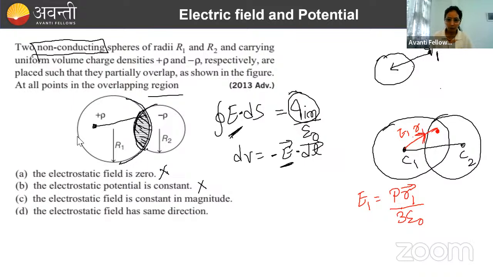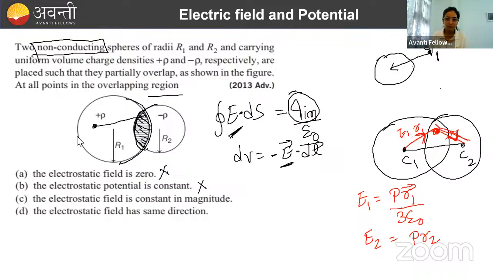What will be the electric field at point P because of the second sphere? The direction will be like this, because it has negative charge. So E2 is going to be rho R2, where R2 is the position vector of point P with respect to C2, that is this line.